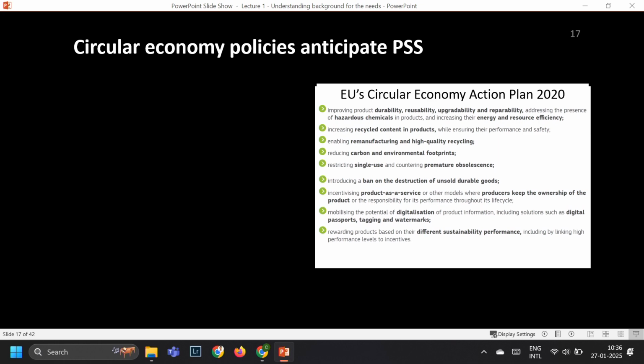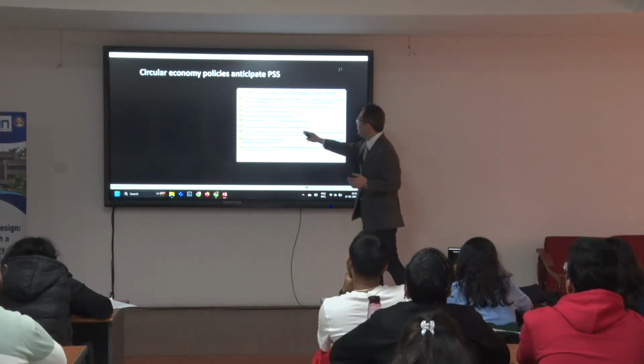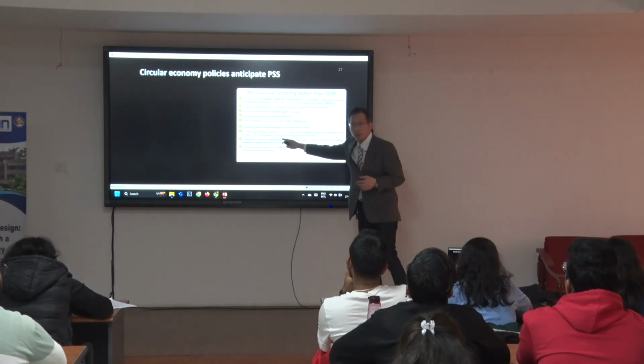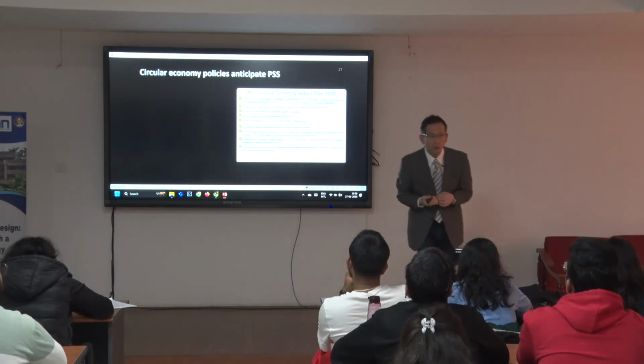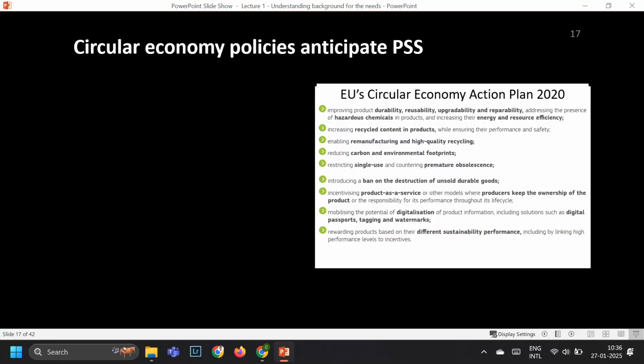But if you look at what the Commission says, it is very much designed for durability, product life extension, and also product as a service is spelled out in the action plan. So the Commission wants to see more product service system businesses in order to accelerate the transition to a circular economy.